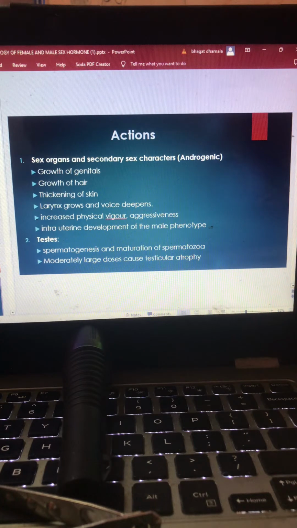The action of androgens brings growth of genitals, growth of ears, thickening of skin, the larynx grows and the voice deepens, with increased physical vigor and aggressiveness, and intrauterine development of the male phenotype. In the testes, it brings about spermatogenesis and maturation of spermatozoa, and moderately large doses can cause testicular atrophy.